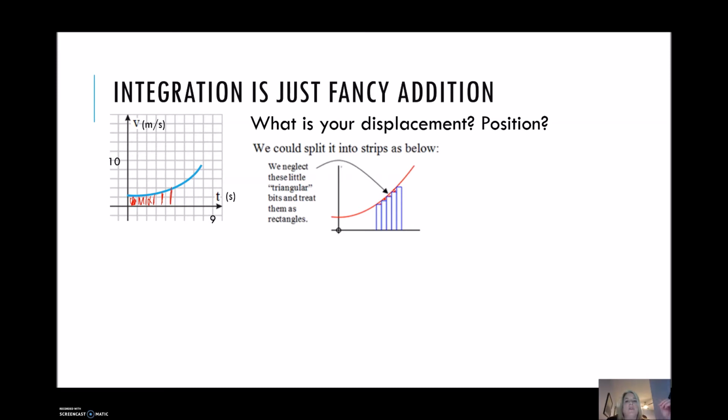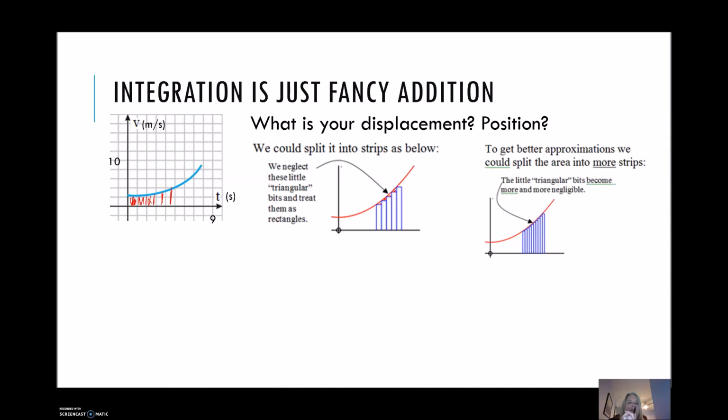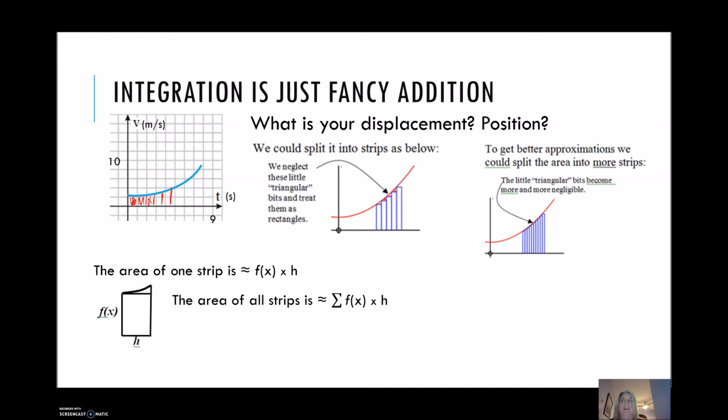Okay, well, what if we made teeny tinier rectangles? So we made them teeny tiny. The smaller they get, the smaller this little extra area is. So if we think about that, if the area of one strip is base times height, then the total area would be the area of all the strips, which would be the sum of those rectangles.